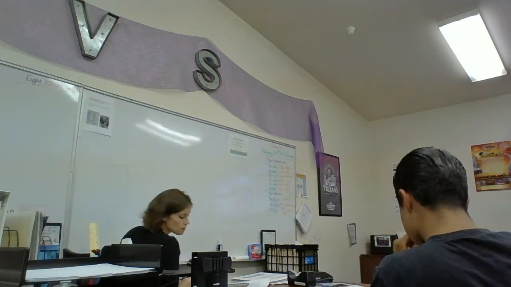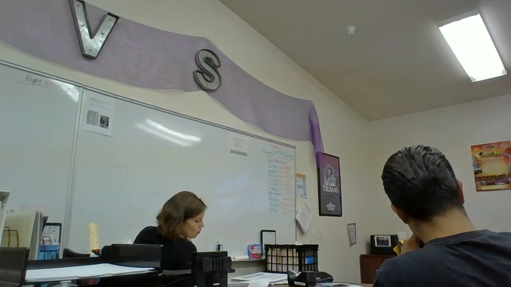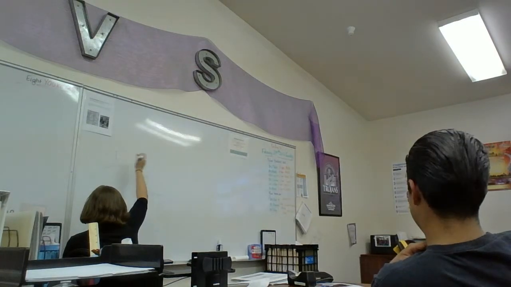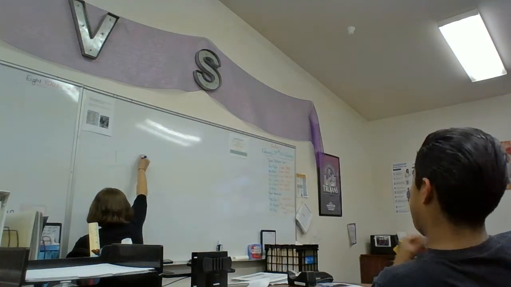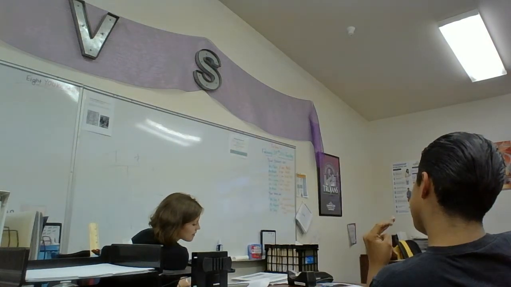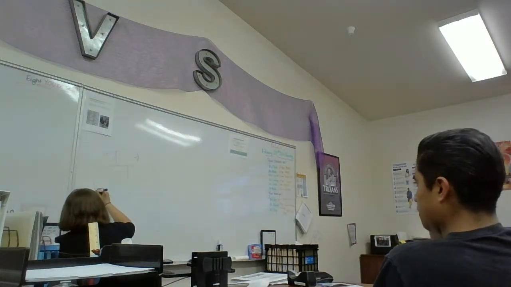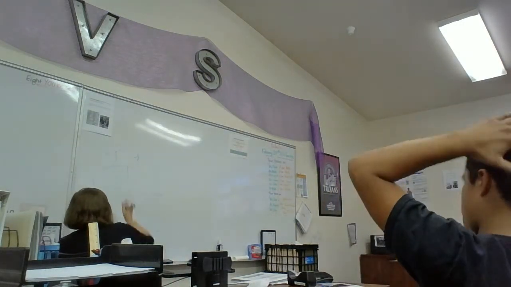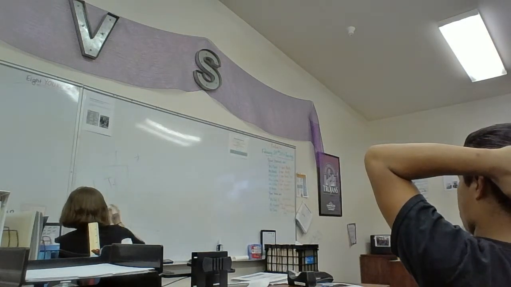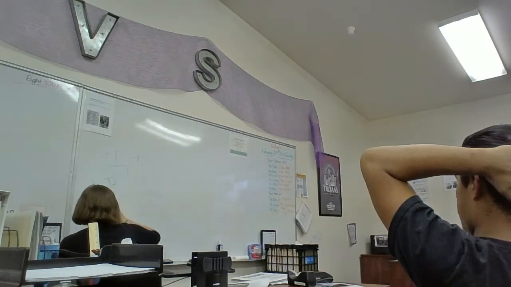We want to cross it with a heterozygous tall plant. Heterozygous means they're different. Tall means they have the dominant trait. And then we want to cross it with a short recessive, so little t, little t.